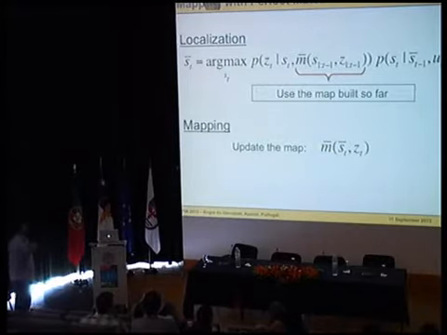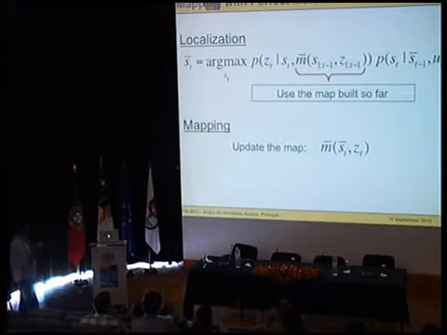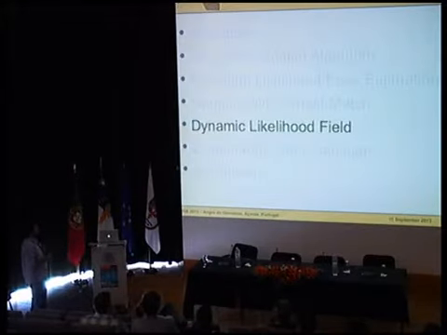So now the problem of localization and mapping is divided into components. First, we do the localization using the map built so far, and then, of course, update the map with the newly calculated position of the robot using the most current measurements.